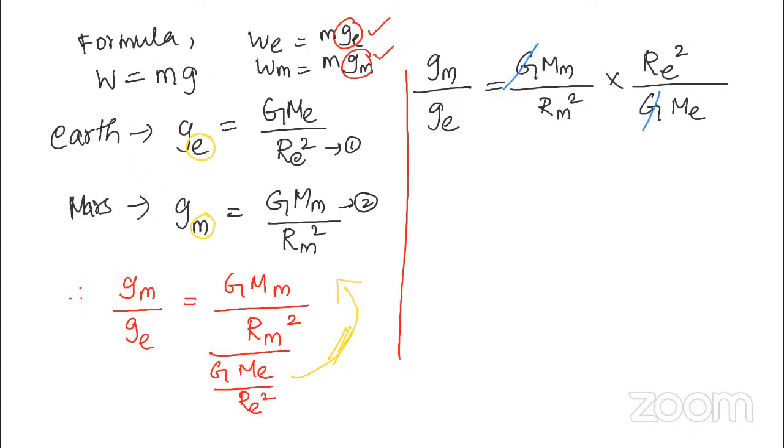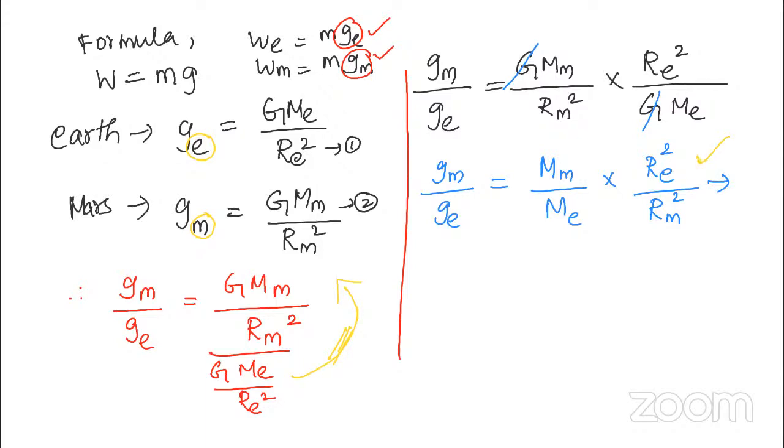So readily, gM divided by gE is equal to M M divided by M E into R E square divided by R M square. This formula we have to substitute here. Now our aim is to calculate the weight of Mars.